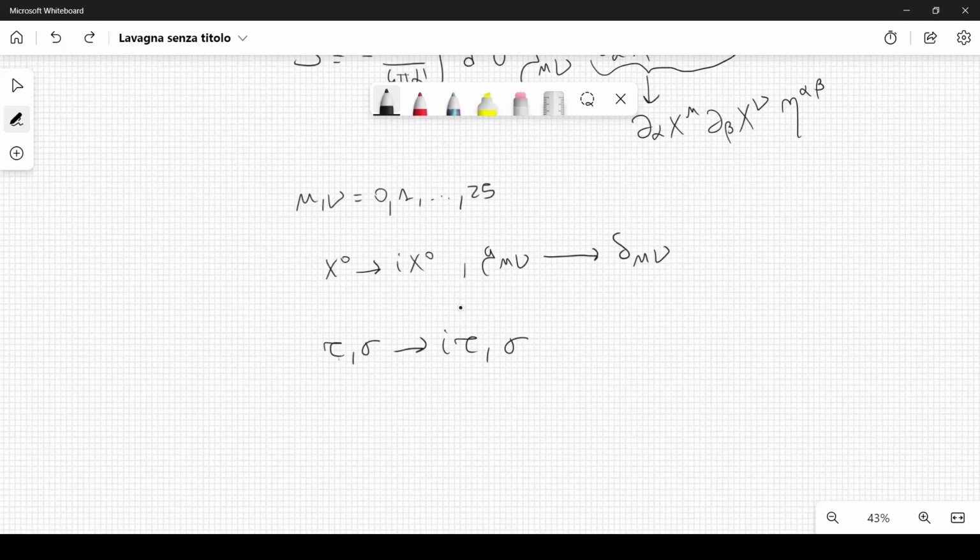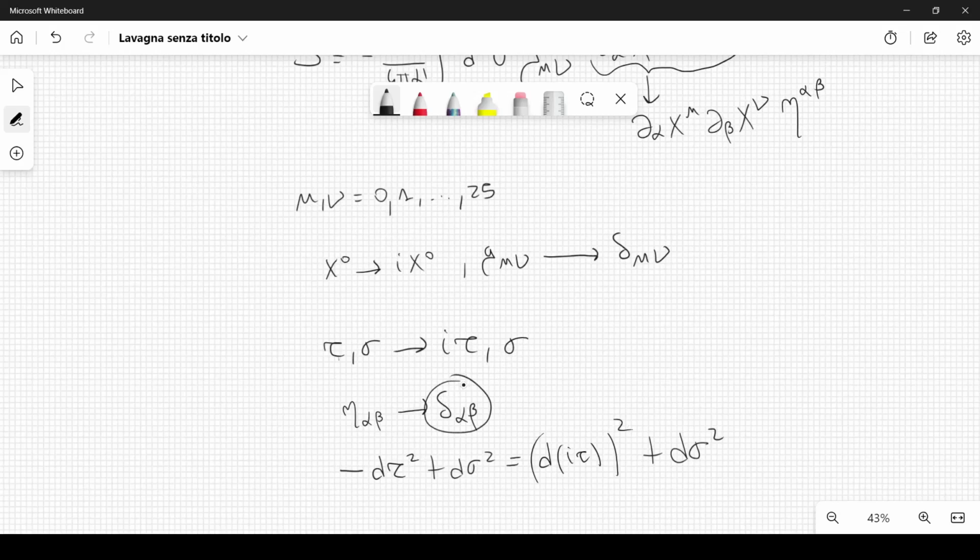In this case, the metric changes from eta alpha beta to delta alpha beta, because the invariant element, the s squared, can be written as minus d tau squared plus d sigma squared, and this can be written as d(i tau) squared plus d sigma squared. So in the new variable, we actually have the Euclidean metric delta alpha beta, and this is just for convenience.